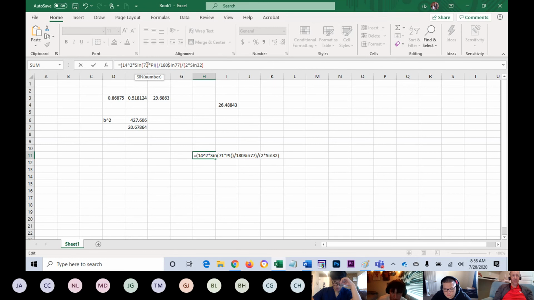See, so you thought you could forget that formula clear back in chapter 2. All right, times pi over 180.